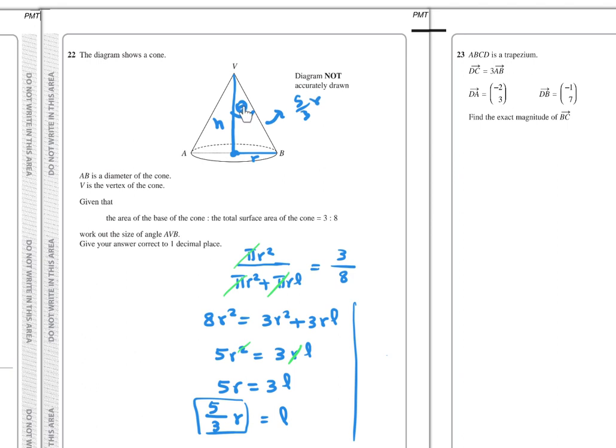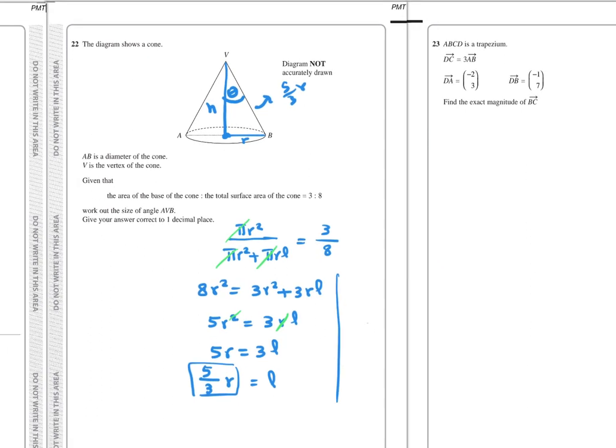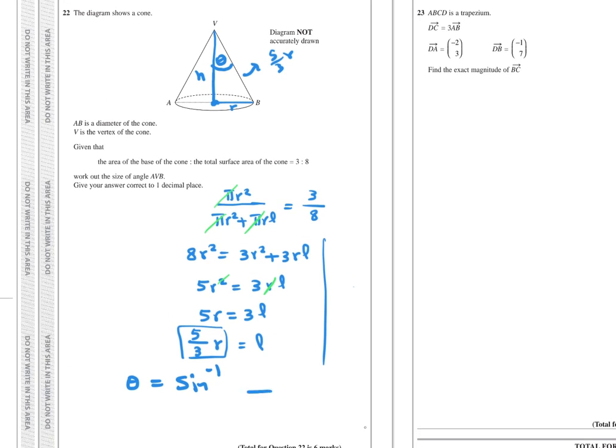So now we can find theta using sine inverse, because we have the opposite r and the hypotenuse 5 over 3 r. So theta equals sine inverse of r over 5 over 3 r. r cancels with r. 1 divided by 5 over 3 equals 3 over 5.